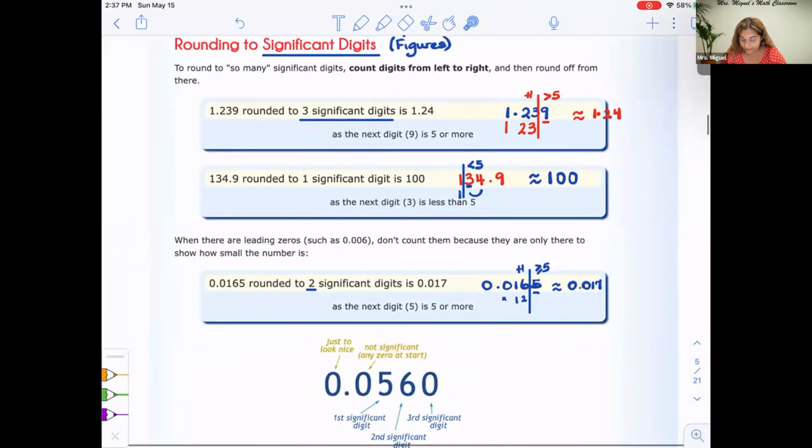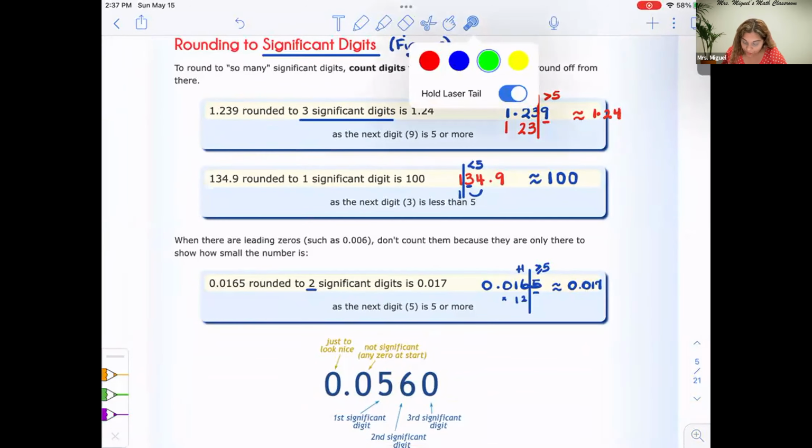So look at this. This is not significant. This is not significant. This is not significant. The only significant values are the ones that are placed after the first 0.